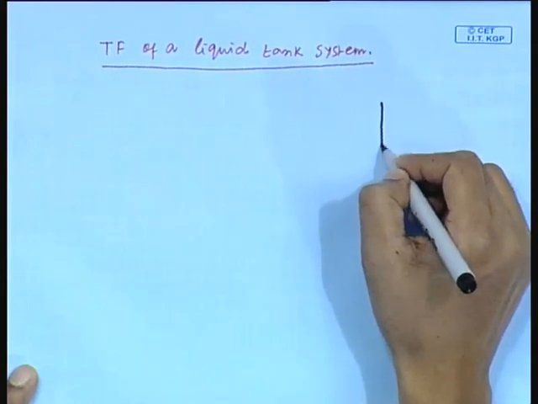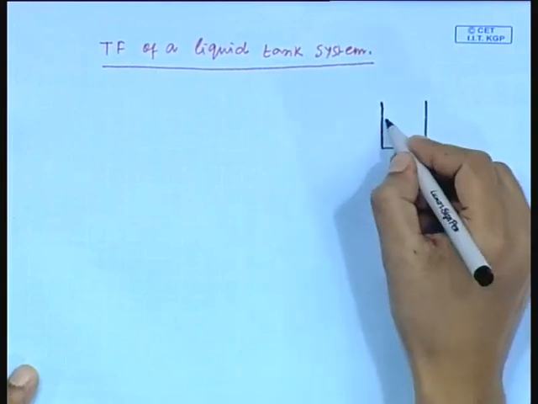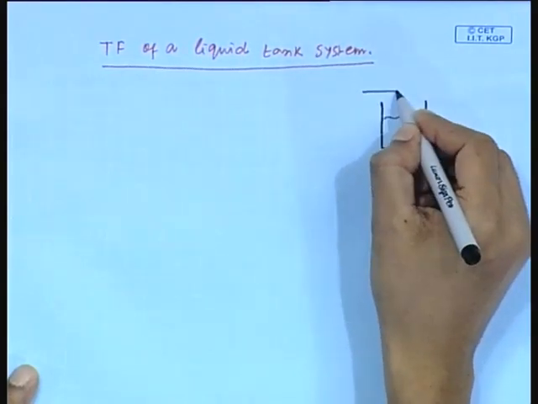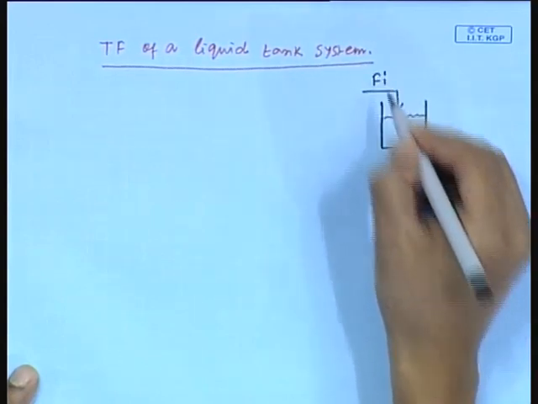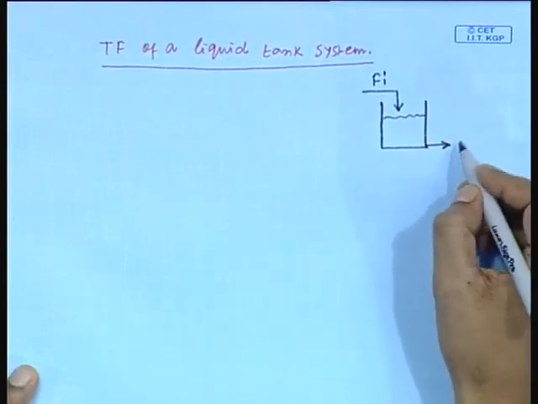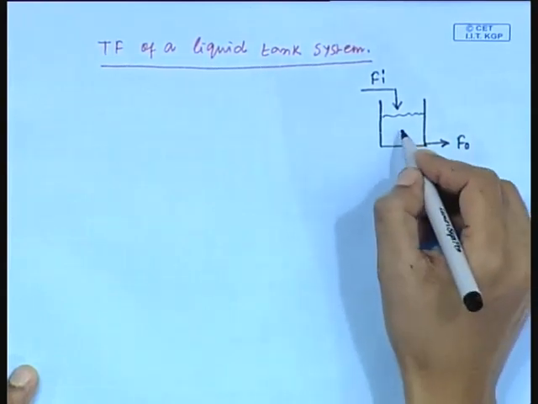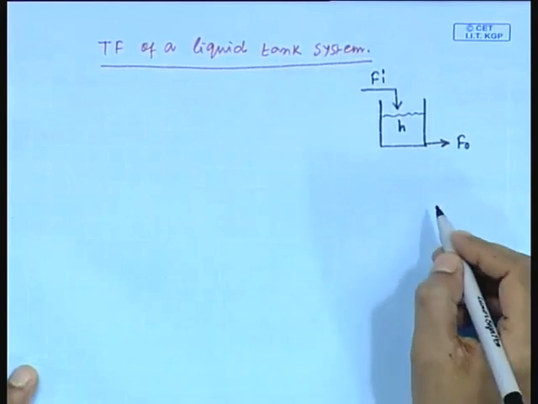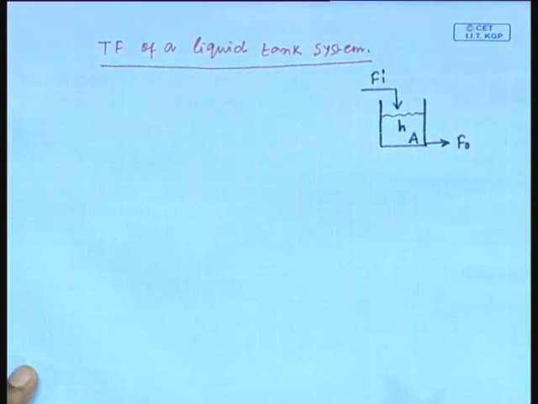So, this is the schematic of a liquid tank system. A liquid is entering at a flow rate of F_i, and the output is coming out at a flow rate of F_o. The liquid height is h, cross sectional area of the tank is suppose A. Fine, this is a schematic of a liquid tank system.